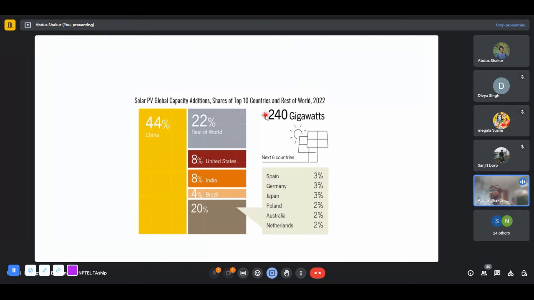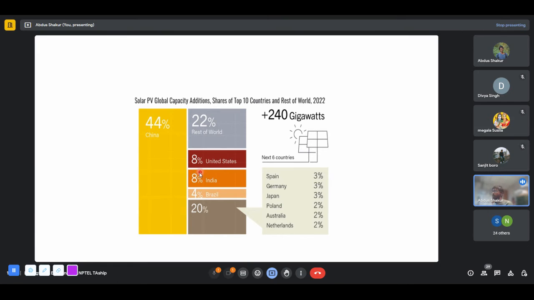And if you look at the top 10 countries producing electricity through solar energy using solar panels, it is predominantly dominated by China, which is also a manufacturing hub for most of these solar panels, followed by the United States, India, Brazil, and a few European nations and Australia, and the rest of the world only contributes 22%.